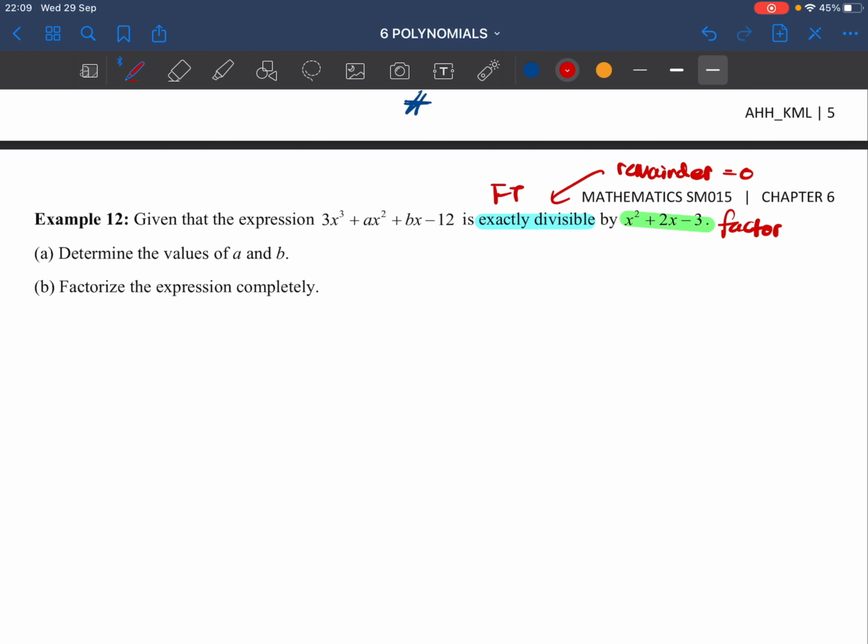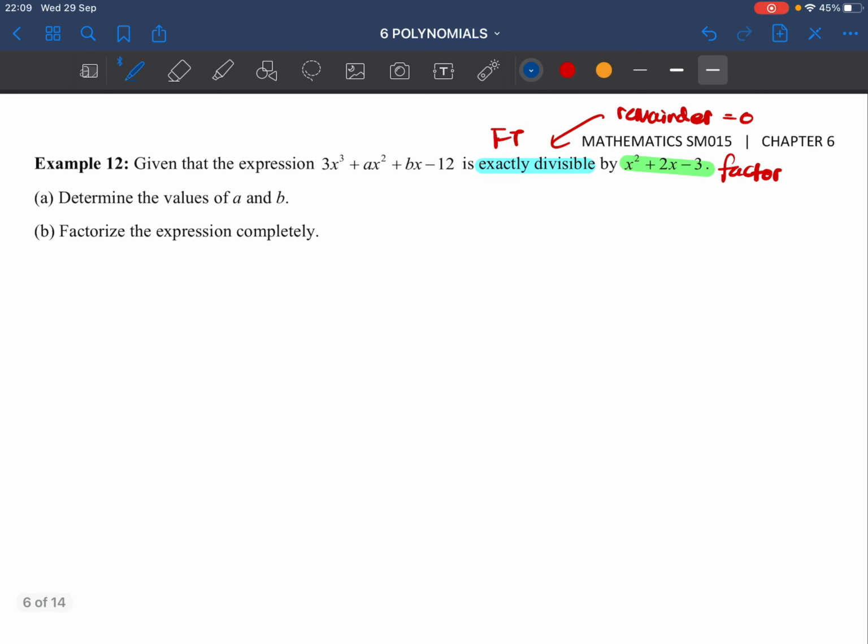Okay, so because our remainder here is 0, now let's find our values of a and b. So we have x squared plus 2x minus 3, which is our dx here, we can factorize as x minus 1, x plus 3, which gives x equals to 1, x equals to negative 3.